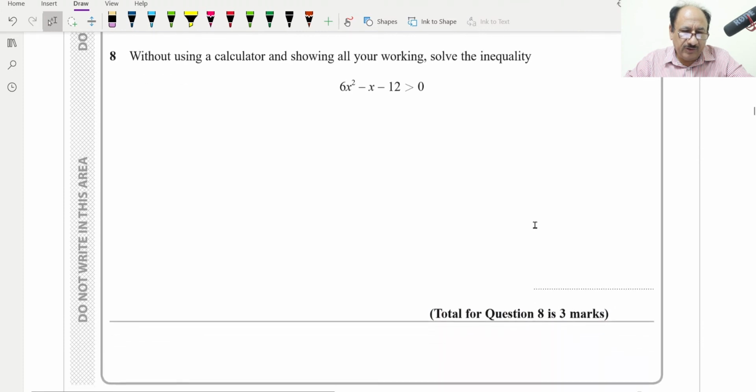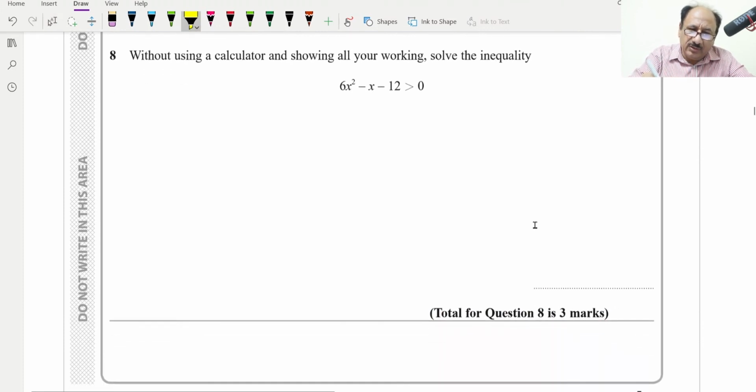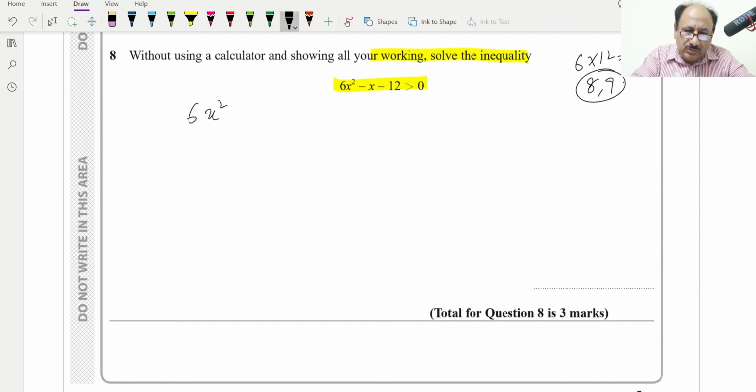Question number 8. Without using a calculator and showing all your working, solve the inequality, and this is the inequality provided. We can solve this inequality easily because we are not supposed to use calculators, so we will be directly factorizing this 6x squared. 6 into 12 is 72, so we can take 8 and 9, so 6x squared minus 9x plus 8x minus 12 is greater than 0.